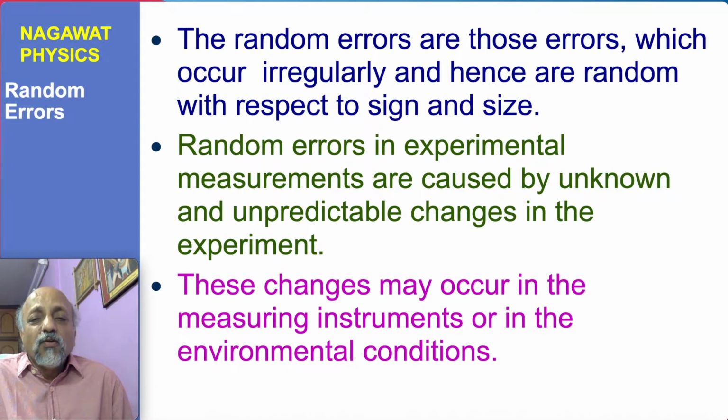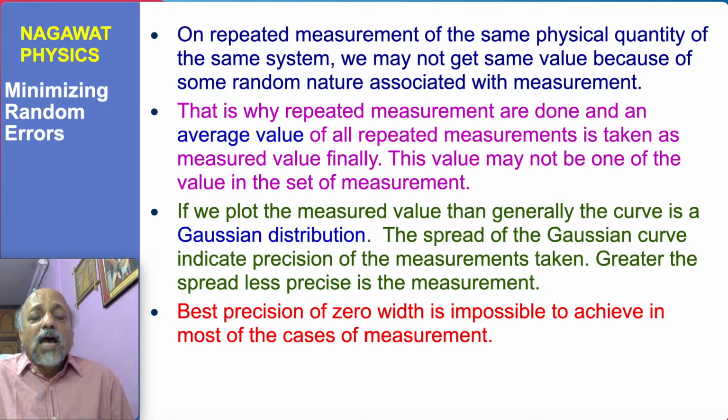But a simple way out of random error is to minimize it by using repeated measurement of the same physical quantity of the same system. Random error means that we may not get the same value however we repeat the measurement, and we get different values because of some random nature associated with the measurement. And that is why repeated measurements are done.